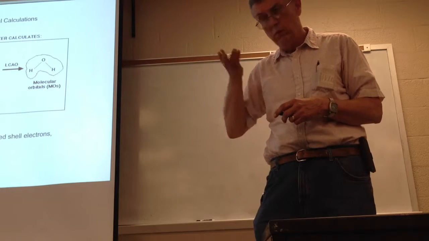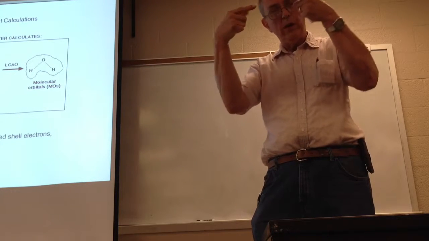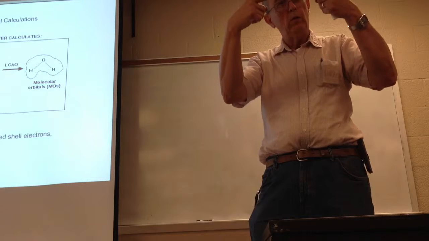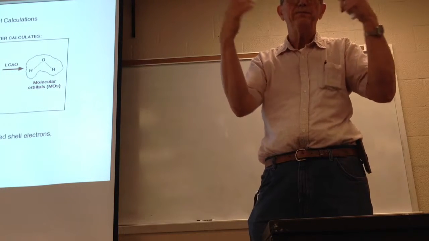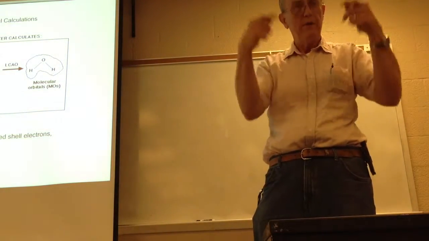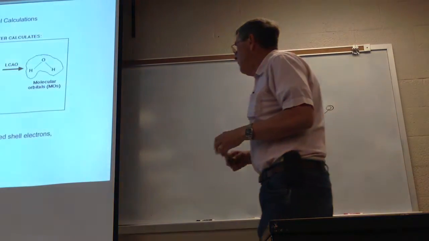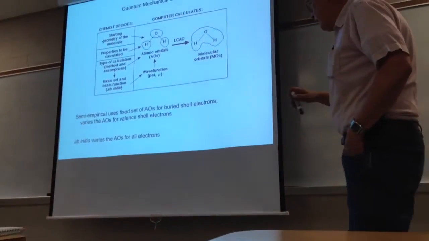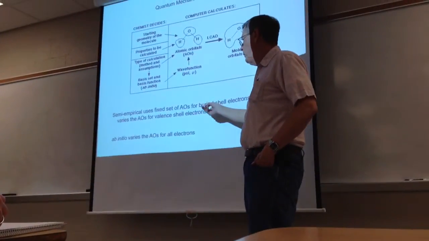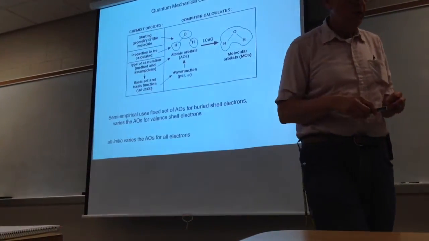Boom, boom, boom, boom, boom. There are no degenerate ones, two molecular orbitals that have the same energy, in most compounds. Some compounds do have degeneracy. But that's what you're trying to do. Oh well, this is a difference between semi-empirical and ab initio.